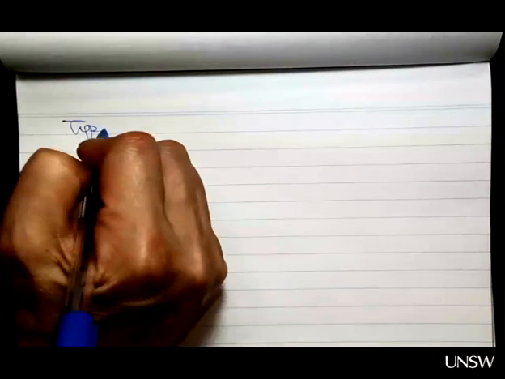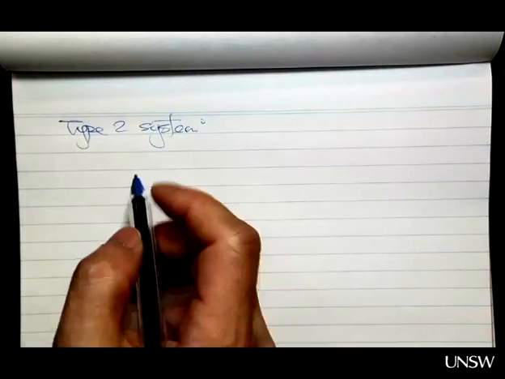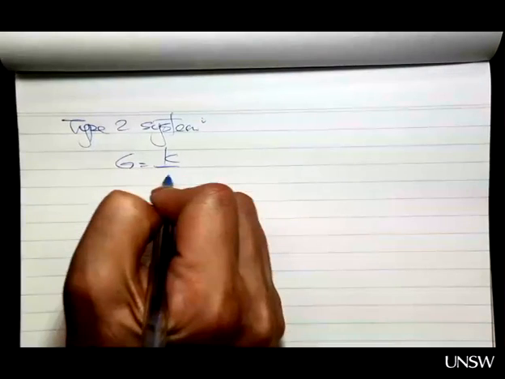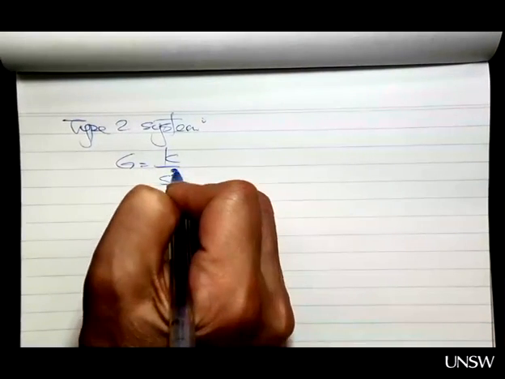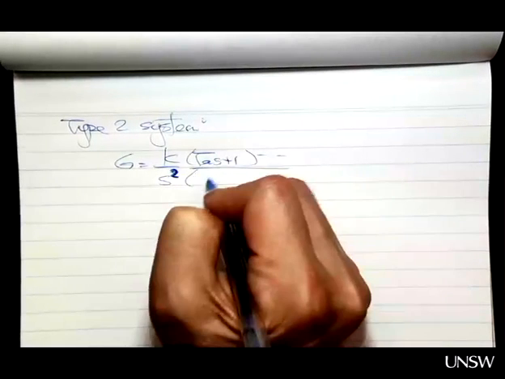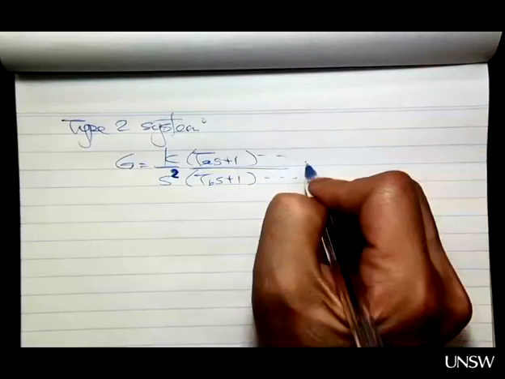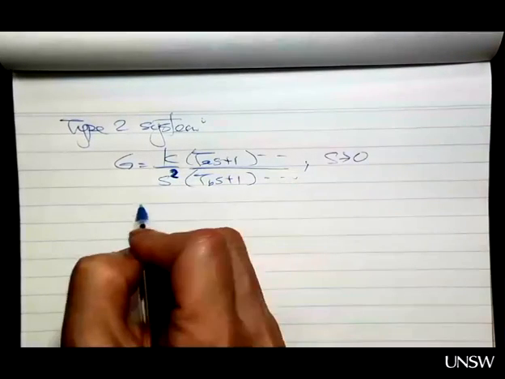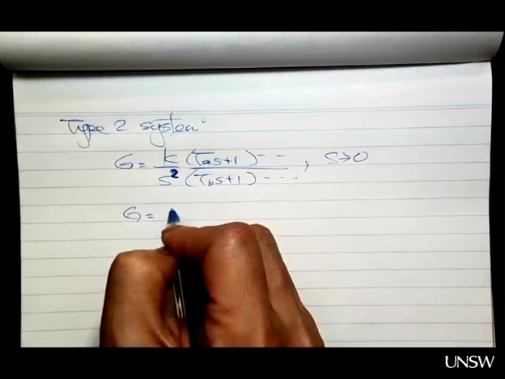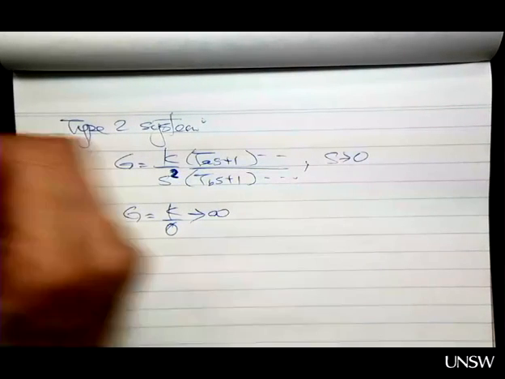Then we look at another system, the type 2 system. Similar to the previous case, we have K over s squared, and then (T_a s plus 1), etc., and then (T_b s plus 1), etc. Again, as s goes to 0, G equals K over s squared, which also tends to infinity.